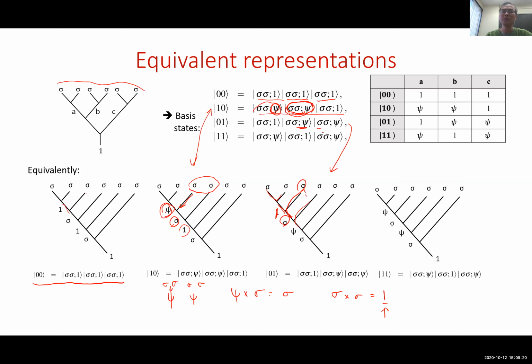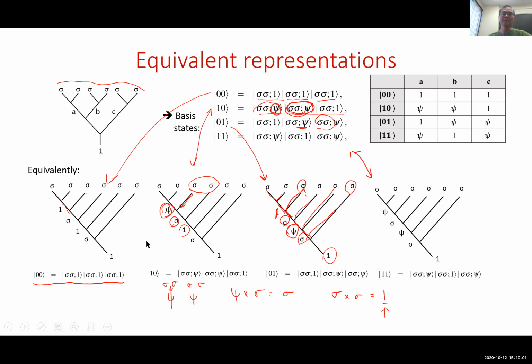Okay, and then the third pair, if they fuse first, they should fuse to a psi, but because of this psi that fused with the sigma, it's fused to a sigma, and then the last sigma fused with a sigma that should give rise to 1. Okay, so what I'm saying is that these four correspondence is one-to-one. Even though they look differently, they are one-to-one. So they are sort of equivalent representation.